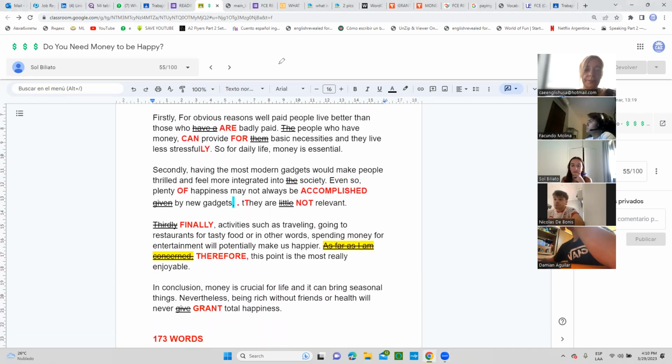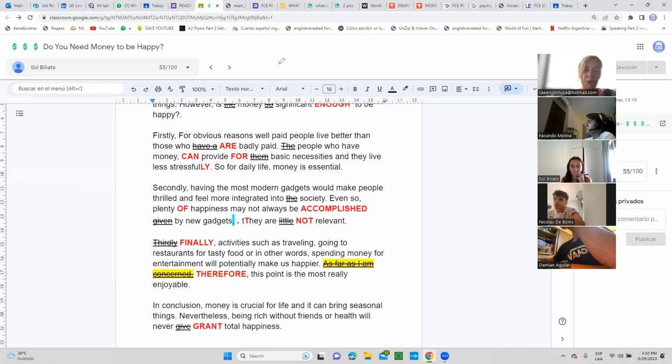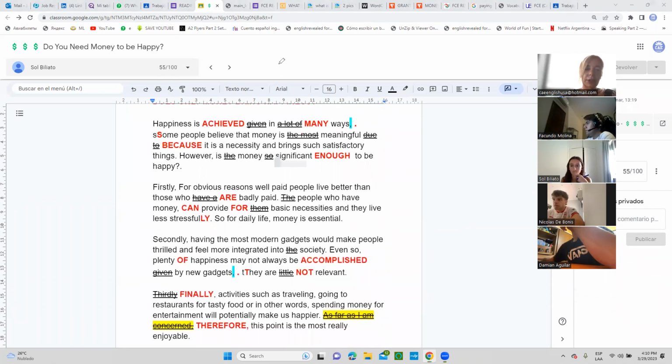And then be careful, try to use some of these words that we have seen. Don't use "the" for general things, for general nouns.